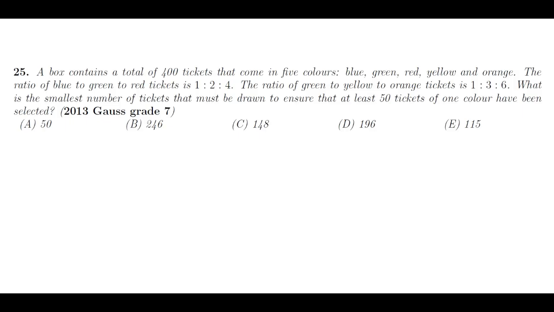Our last problem comes from the 2013 Gauss contest for grade 7 students. This is question number 25, so this is the toughest problem on the contest. So this is a nice challenging problem for students grade 7 and up, and maybe even lower. But there's enough in here that they can get started and think about some things and maybe even get towards a result.